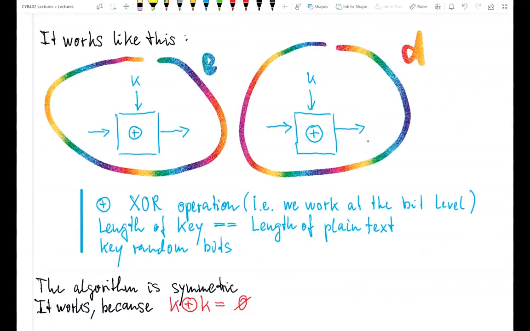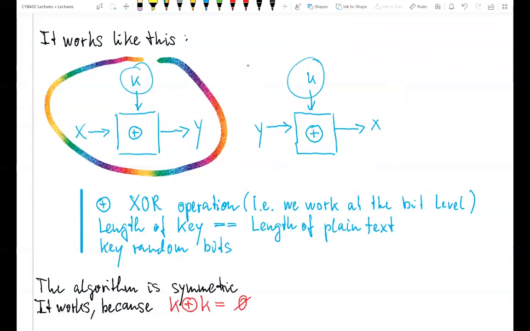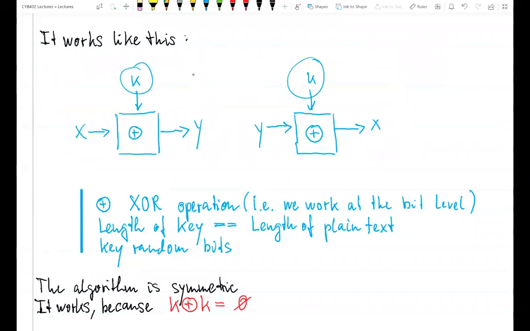We have our plain text, and the plain text is encrypted into the ciphertext by way of a key. On the decryption side, we have our ciphertext, and this is going to be decrypted into our plain text, again using the very same key. So the question is, how do the encryption and decryption work?